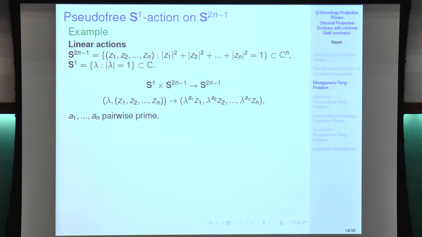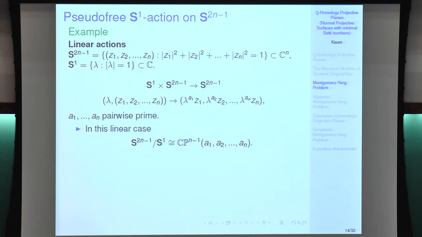In this way, the exceptional orbits are exactly those corresponding to Ai bigger than 1. So if A1 is bigger than 1, then this gives you an exceptional orbit. So there are at most n exceptional orbits here. Well, this is called the linear action case.